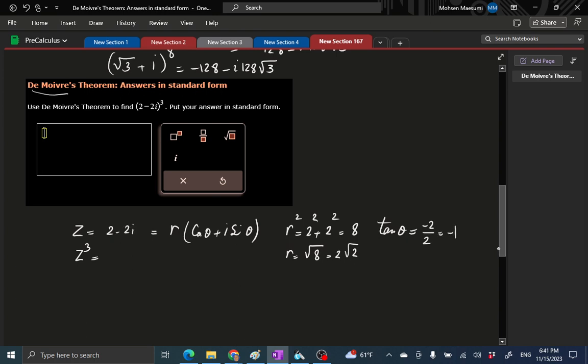That's minus 1. Let's draw a little picture here. We have 2, minus 2. 2, minus 2 means I am at this location. So tangent of theta, you can say the angle is minus pi over 4 or 7 pi over 4, whichever you wish. You have both choices available to you.